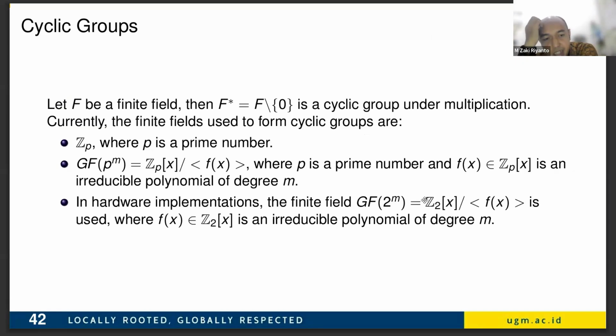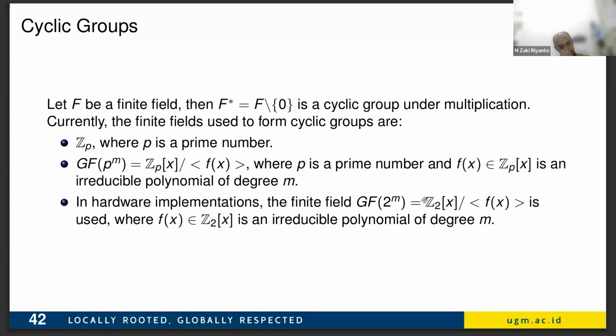And we can change the cyclic group. We can replace the cyclic group with another cyclic group. We already know that if F is a finite field, then F star, the set of all non-zero elements in F, is a cyclic group. So we can construct a cyclic group using a finite field.